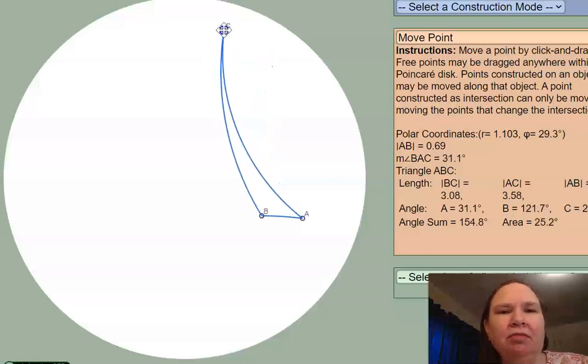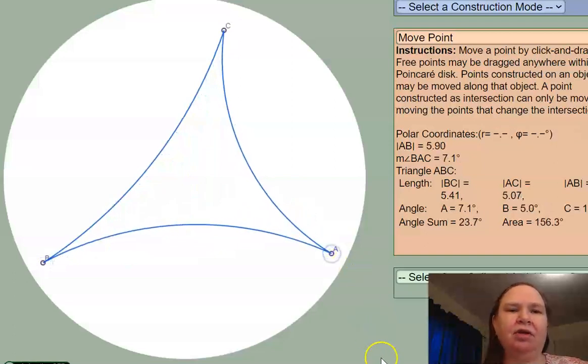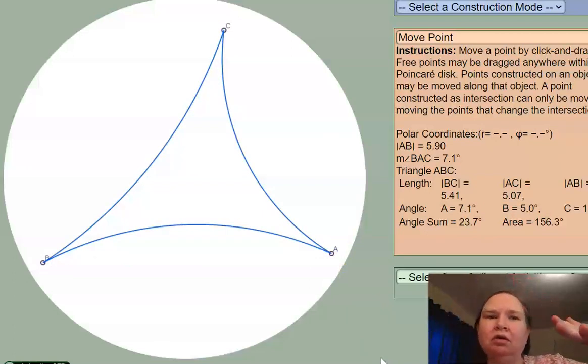So now I'm going to try and make a really big triangle. I'm going to try and make A, B, and C as far apart from each other as I reasonably can. And so there we go. That looks pretty good. And you notice that's really stretched out.